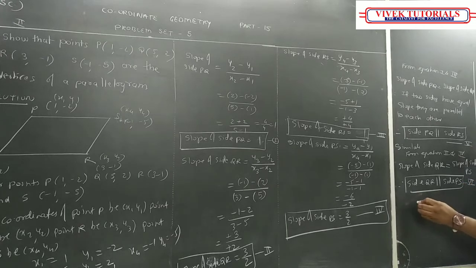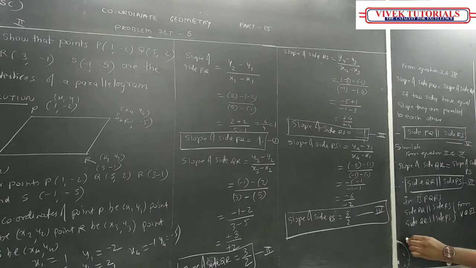So, in quadrilateral PQRS, side PQ is parallel to side RS and side QR is parallel to side PS. From 5 and 6, therefore, quadrilateral PQRS is a parallelogram. You are going to write by definition. We are going to stop here.